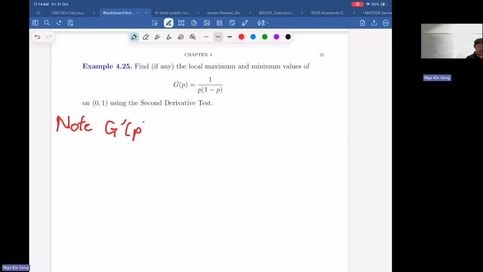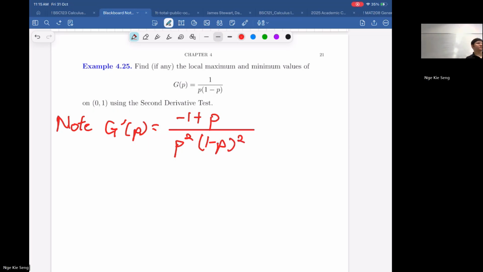Minus 1 over p squared plus 1 over (1 minus p) squared.